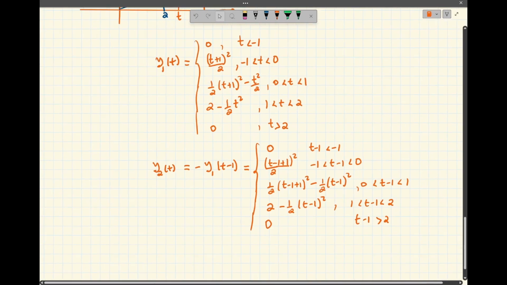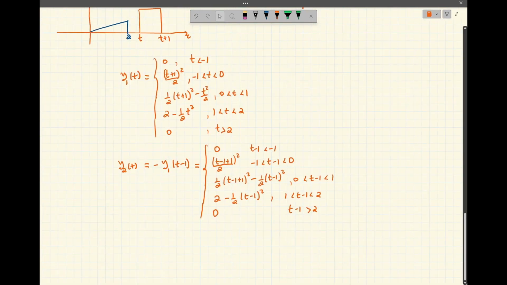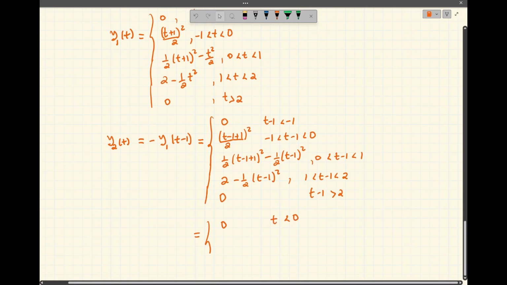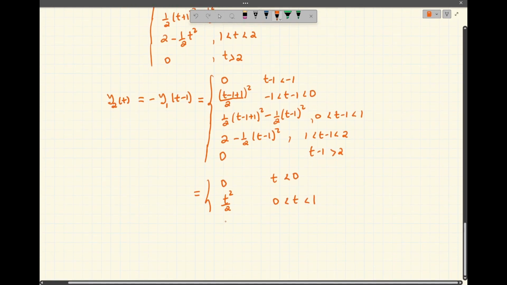So when I recompute the bounds, I am going to get 0 when t is less than 0, and then t square over 2 when 0 is less than t less than 1, then t square over 2 minus 1/2 (t minus 1) square, which is 1 less than t less than 2.